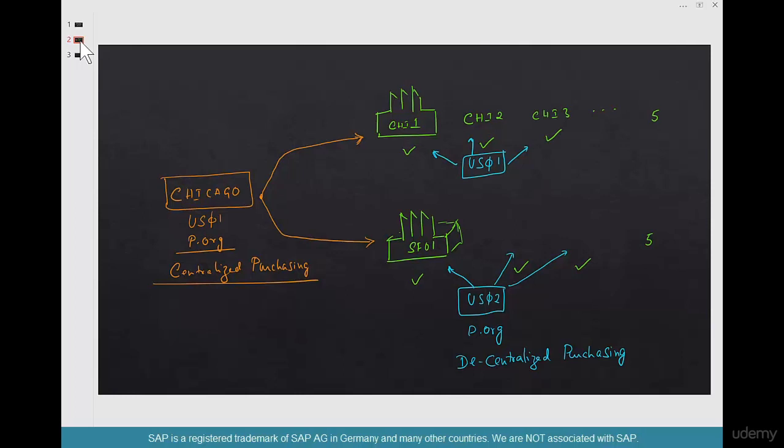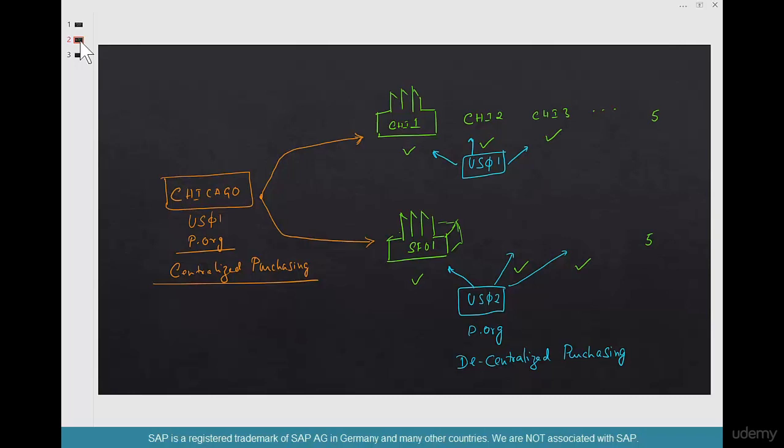We do centralized purchasing when high volumes bring better prices. Simple, right? High volumes of business bring in better prices. That's how Walmart works. They procure in high volumes, they get better margins and pass the savings over to the consumer, and the consumer gets better prices, right?